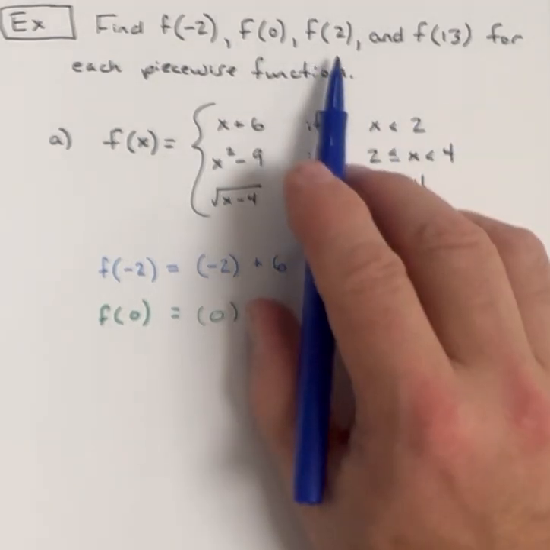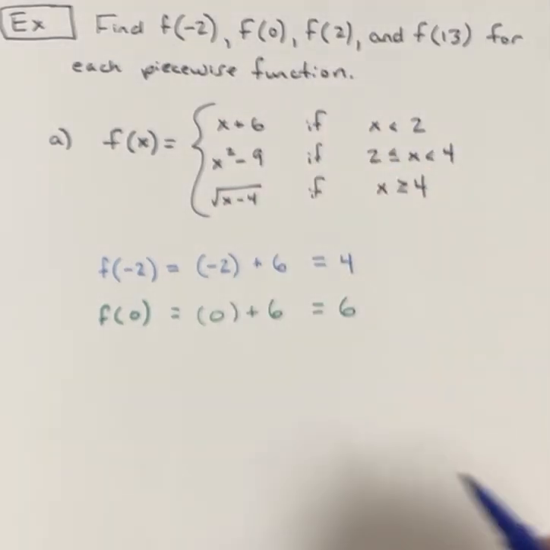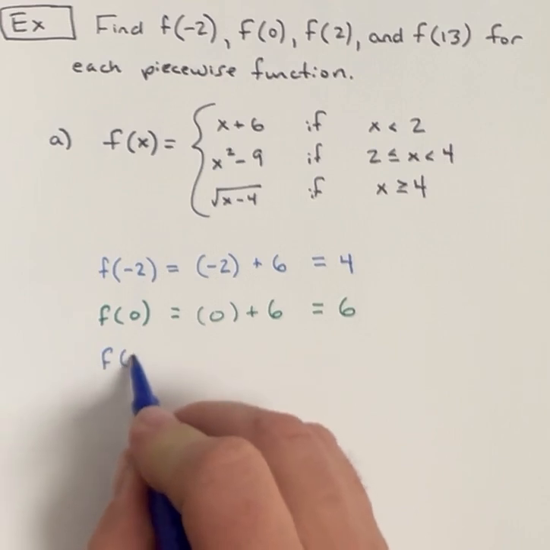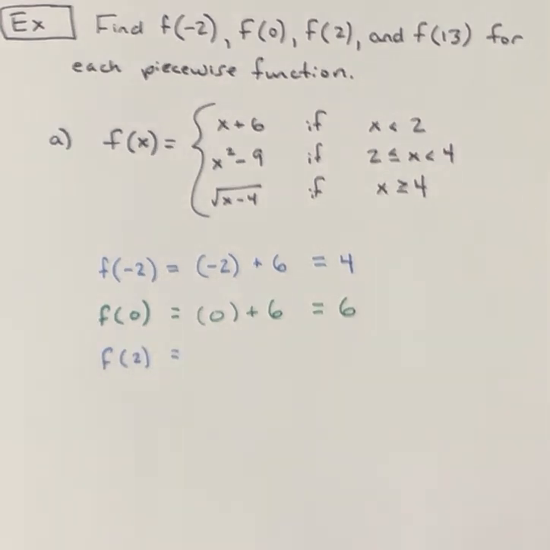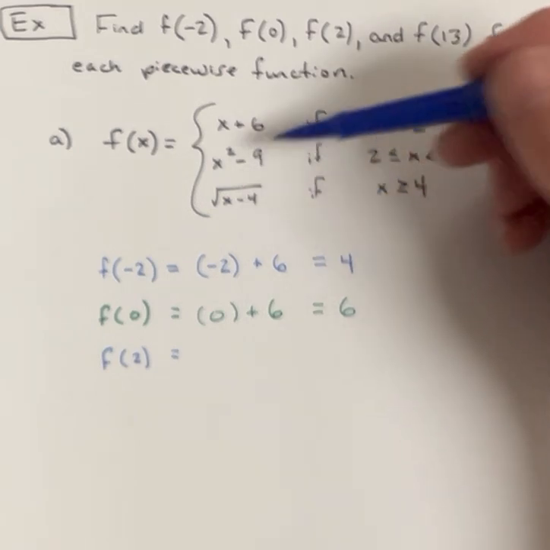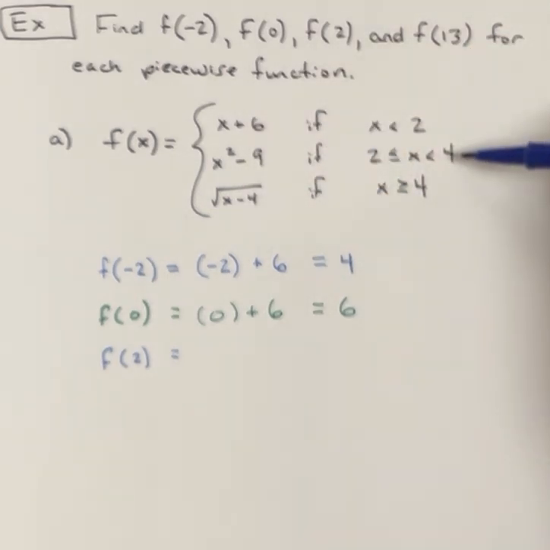The third value we are supposed to evaluate is f of 2. So I want to see where 2 fits in these constraints so I can pick the correct equation. 2 fits into this constraint. The less than or equal to here gives us that value of 2 for that constraint.